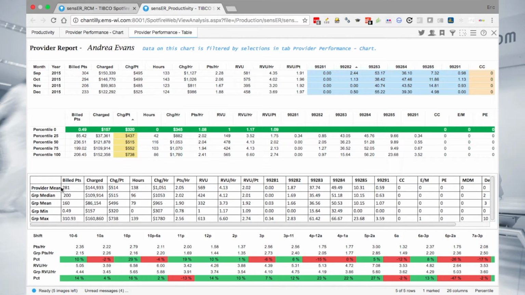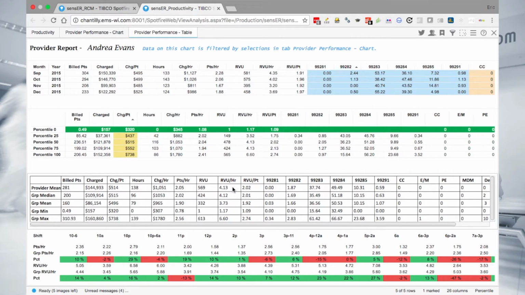And we can essentially compare their performance for every one of those metrics with the group of APPs. Here, for example, if we focus on RVUs per hour, this provider saw 4.13 RVUs per hour, and the group median is very close. We see the minimum, the mean, and the max, so we have an idea of how they're performing across every single metric.